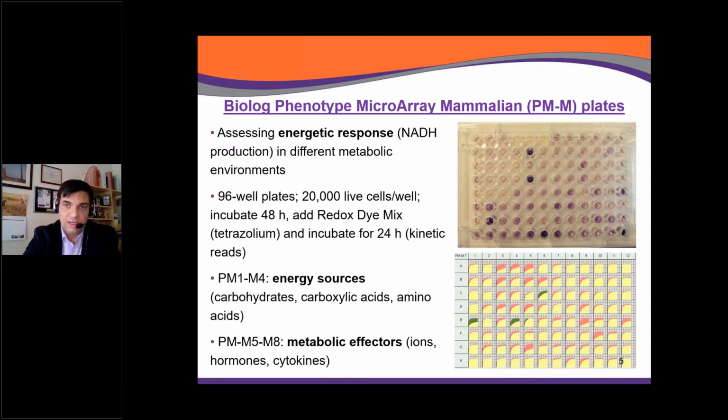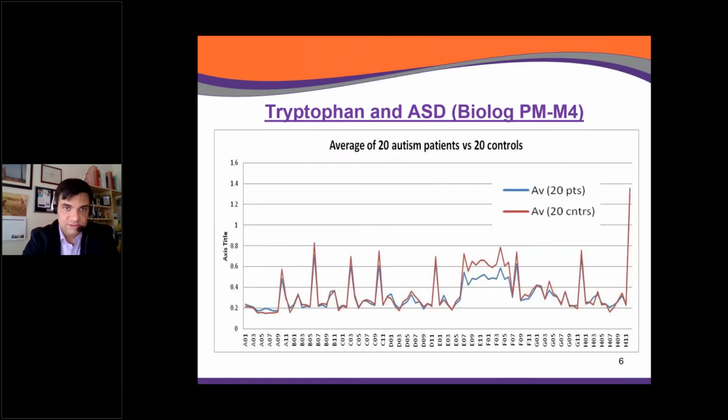So they are plated with modified medium that includes fetal bovine serum. In plates 5 to 8, they are plated with the medium that does not include the serum, but does include energy source, which is preferentially glucose. And we measure the amount of NADH the cells produce and the utilization of that glucose, but in the presence of different metabolic effectors. So we measure the capacity of the cells to be energetically effective in different metabolic environments.